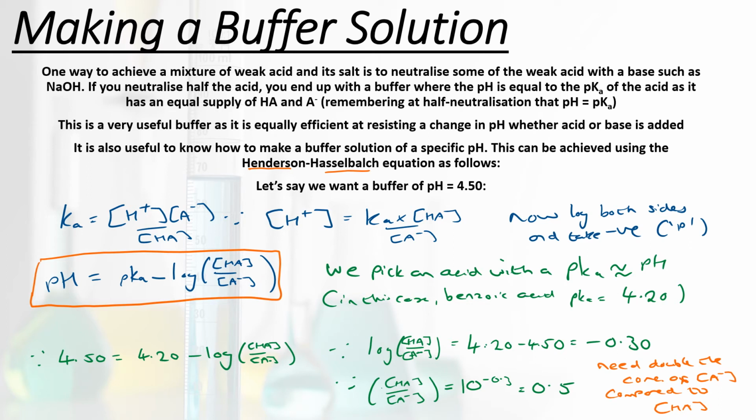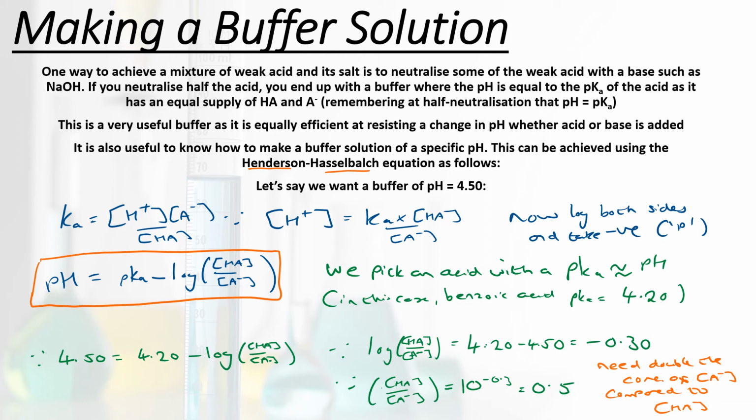We can stick these numbers into our equation. So 4.5 is equal to 4.2 minus the log of that ratio of concentrations. We can rearrange such that the log of the concentration ratio is 4.2 minus 4.5, which is negative 0.3. And then we take the anti-logs like we did when we wanted to find out the H plus concentrations from pH. So we do 10 to the power of log of the ratio.